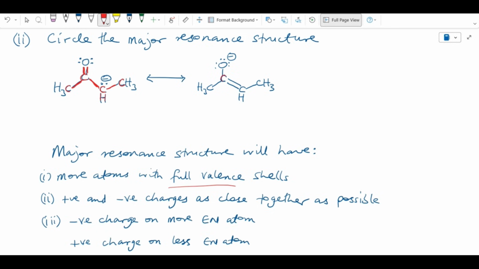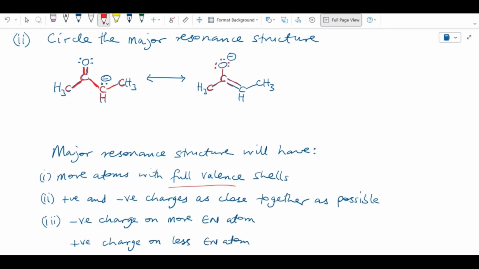For the structure to the right, this carbon has 8 valence electrons, 2, 4, 6, 8. This carbon here has 8 also: 6 electrons from the 3 bonds to the hydrogen, and this bond making 8. The oxygen has 2, 4, 6, 8 valence electrons.